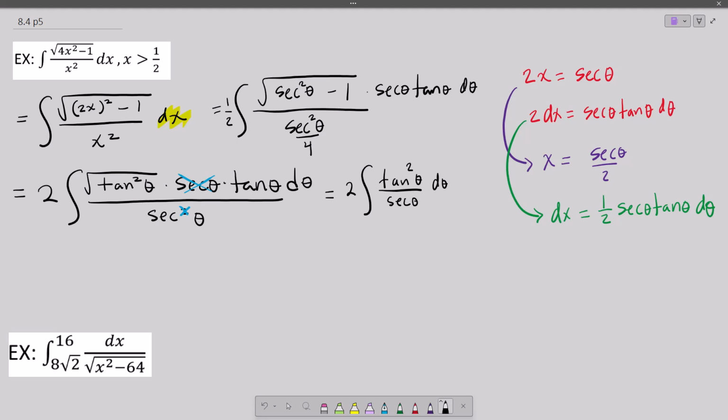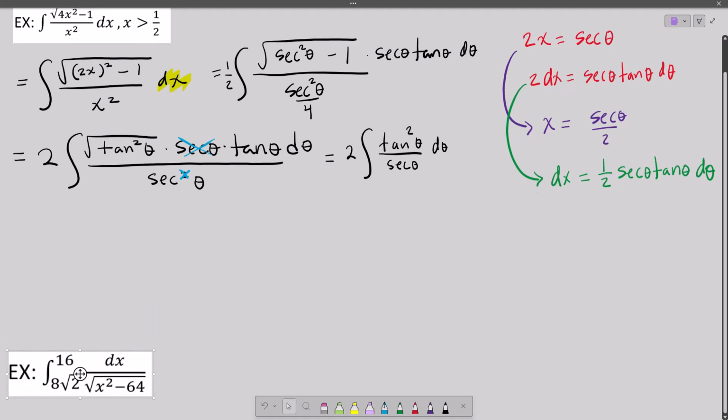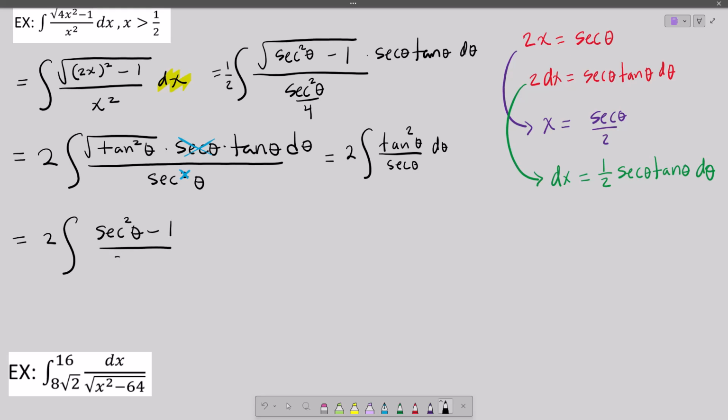So do we want to turn tan squared into secant squared minus 1? Or you could turn everything into sines and cosines. Doesn't matter. Let's just go with the identity that we have up there because we want to get good at using that identity. So tangent squared is secant squared of theta minus 1 divided by secant of theta, d theta.